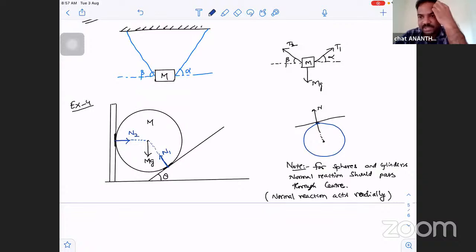So every normal direction acting on the sphere should pass through the center only, because I already told you the same thing: radial means along the radius. Then N1 is one force, N2 is another force, Mg is the third force. Total how many forces are acting on the sphere? 3 forces are acting on the sphere.